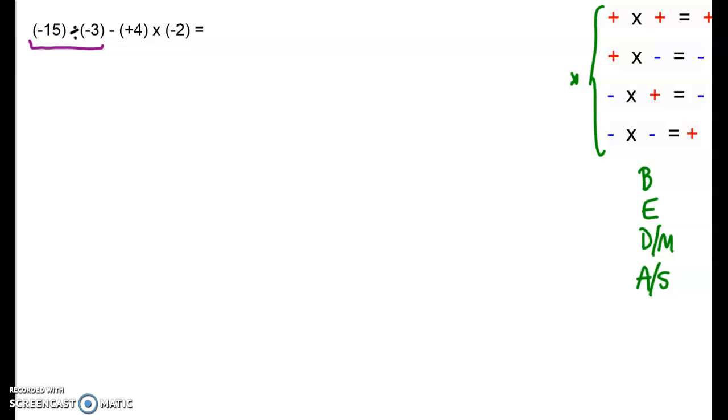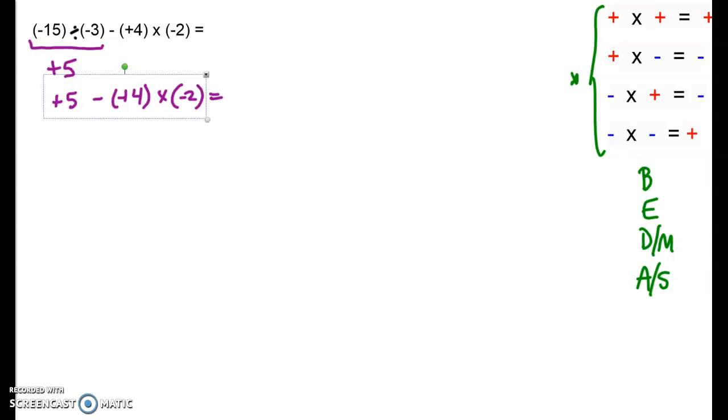Okay, so negative 15 divided by negative 3, same signs, make our answer positive. 15 divided by 3, 5. I forgot to say, pause it here, and why don't you give it a try, and then compare your answer when you're ready.